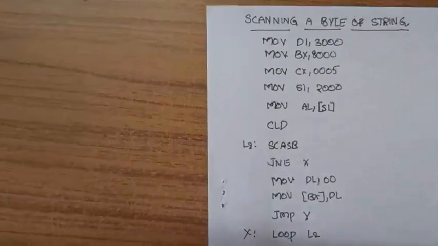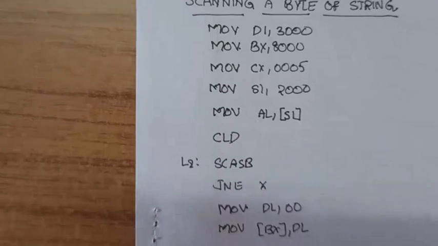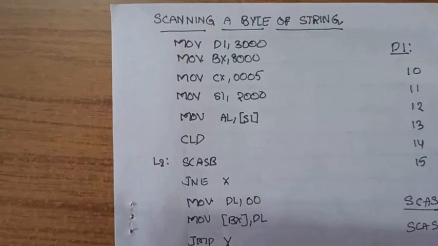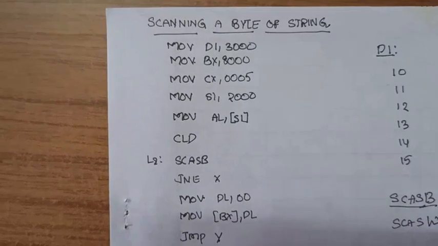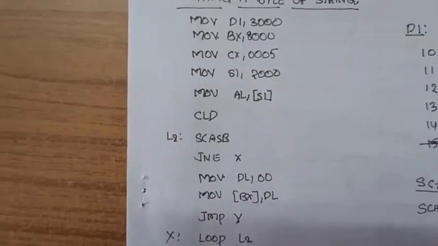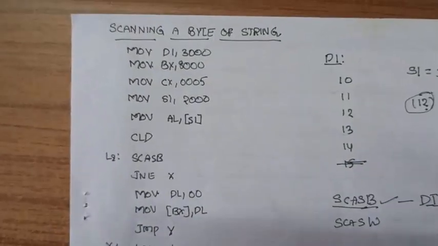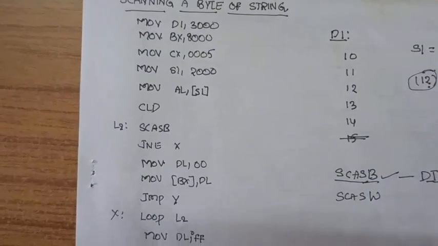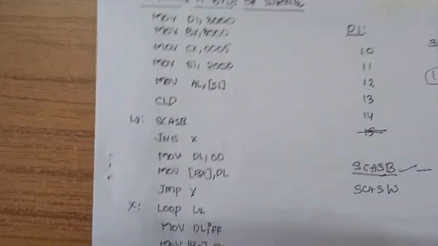So let us see the program here. MOV SI, 3000. In this, I will give the data to be scanned. For example, for the same string, take a count of 5 and the data 10, 11, 12, 13, 14. I just want to scan for 12, whether this 12 is available or not.